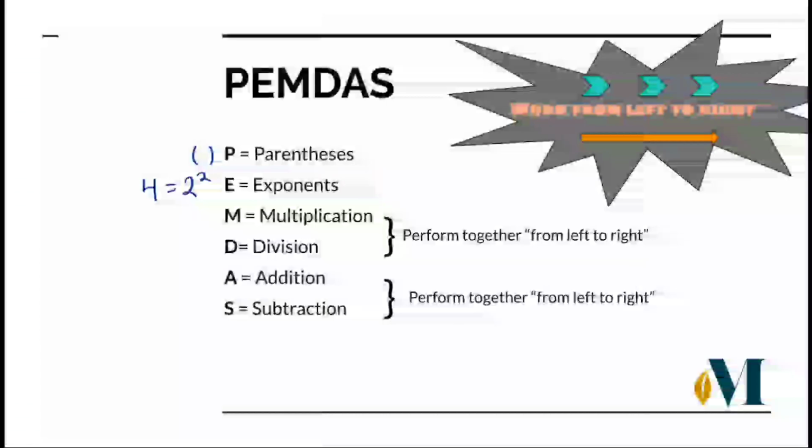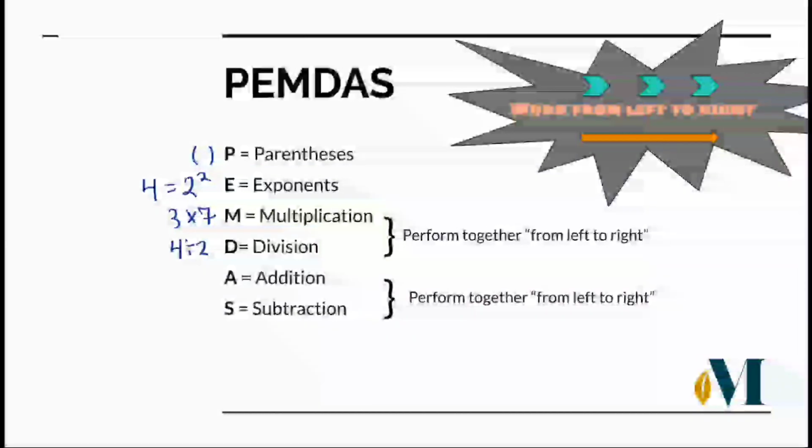All right, and then together we're going to perform multiplication and division, reading from left to right. Which one comes first? Let's tackle it that way. So when we're multiplying, you might have 3 times 7, and we can multiply those together. If we're dividing, you might have 4 divided by 2, which is 2.